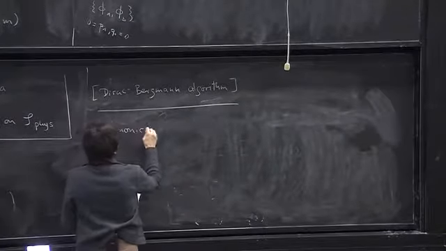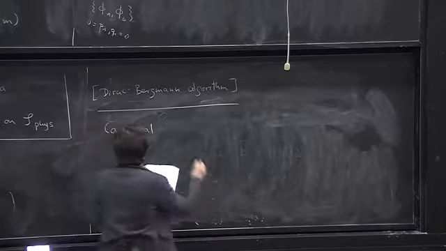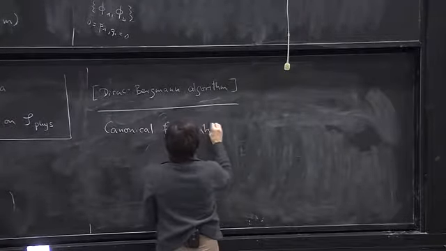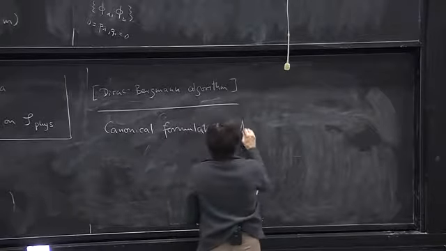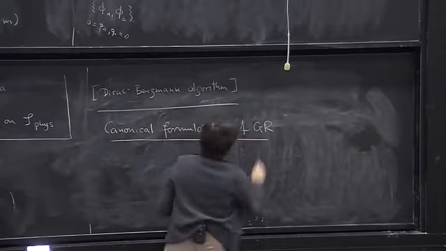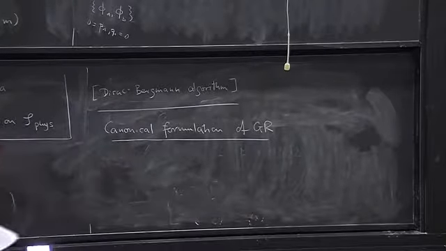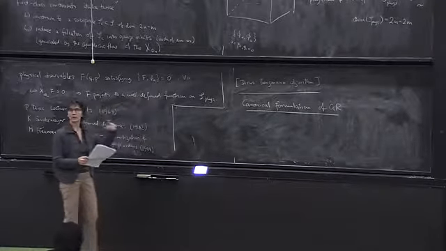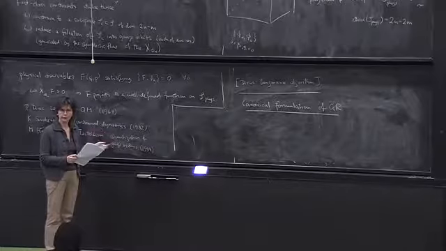Okay, now, this brings us straight to the discussion of the theory we are really interested in, which is, of course, general relativity. So what's the canonical formulation of GR in the context we've just learned about, that of constrained dynamical systems, albeit in infinite dimensions now, for, of course, a field theory.